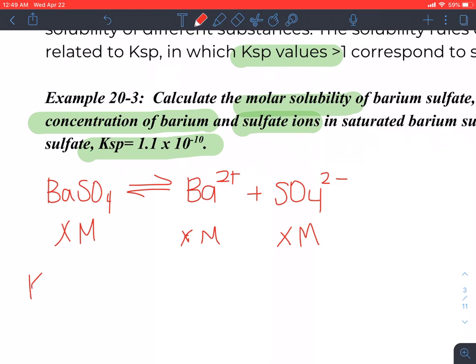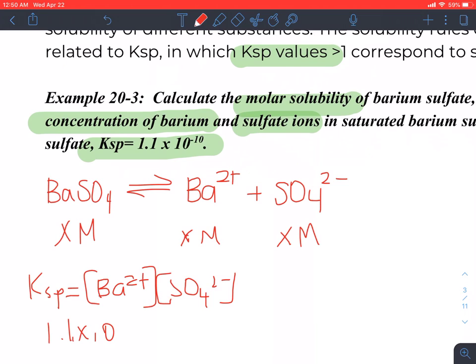Given the KSP and the expression that we can write, we can plug these values in and work backwards. KSP is given to be 1.1 times 10 to the negative 10.